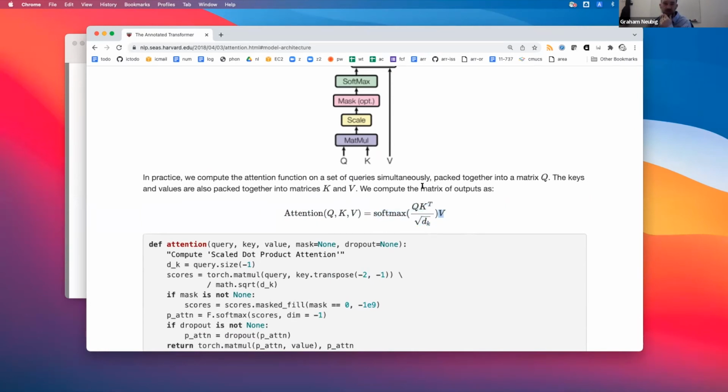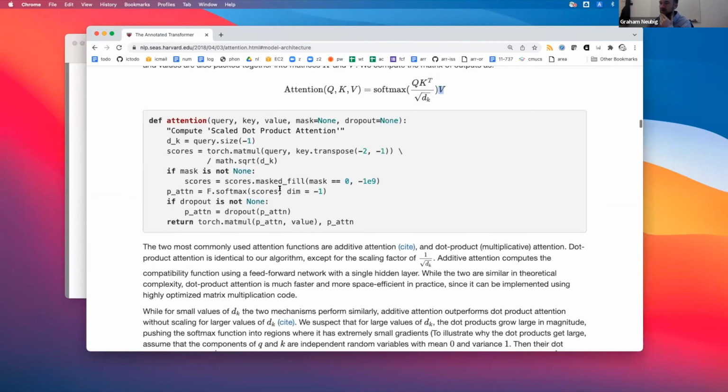That's what I talked about in class. And that's all implemented here. It's doing a matrix multiplication between the query and key matrix here. It's taking the square root based on the size of the query vector.